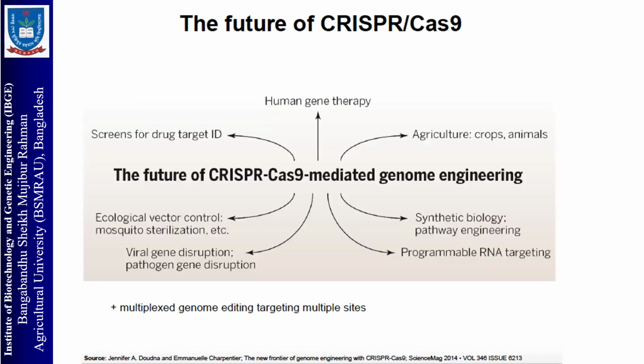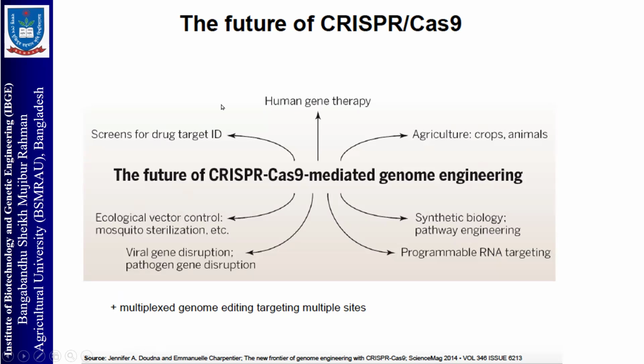So in the CRISPR-Cas system, when Jennifer and Emmanuel published the paper, they published in 2012. Later, in 2014, it was a craze. People asked, how can we use the CRISPR-Cas9 system? They thought this method could revolutionize agriculture, crops, animals, genome editing, and human gene therapy, the most important target, for editing the mutations that result in cancer or even diabetes or other genetic diseases, which can be done very precisely.